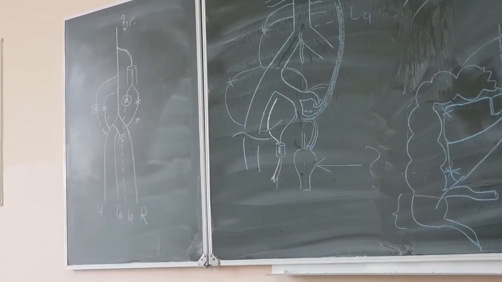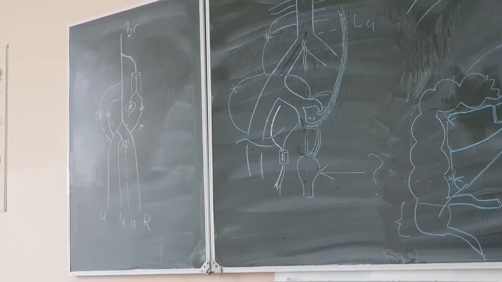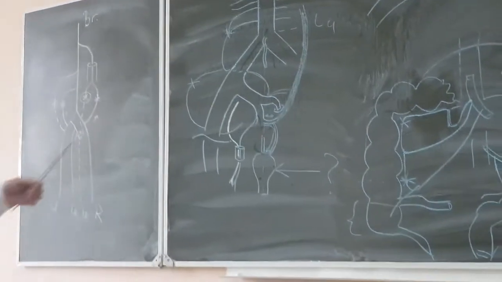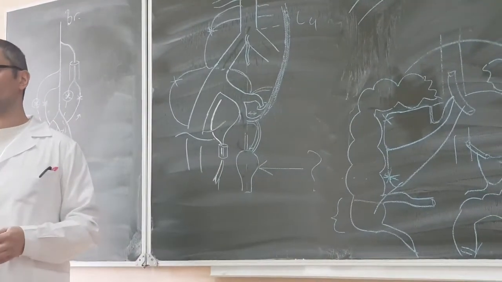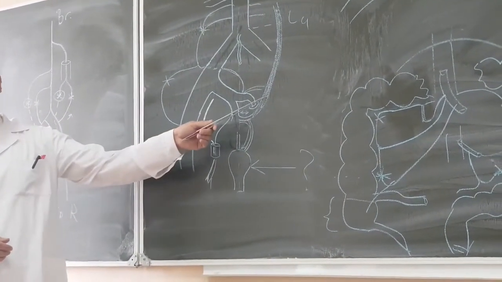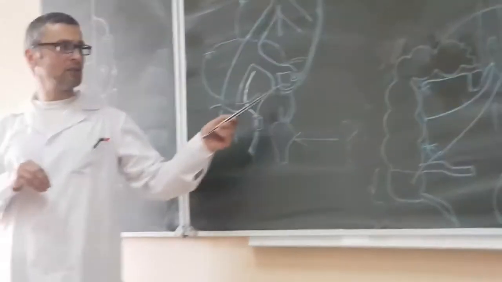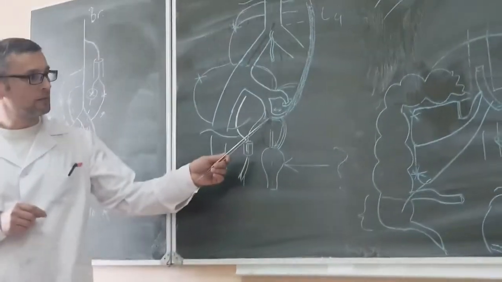Which one? Medial umbilical ligament, which forms plica umbilicalis medialis, which goes to the umbilical region. So after birth, this artery begins to transform into a ligament. But only a small place remains.